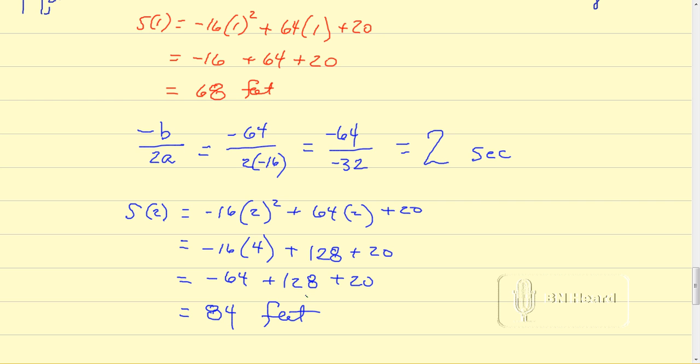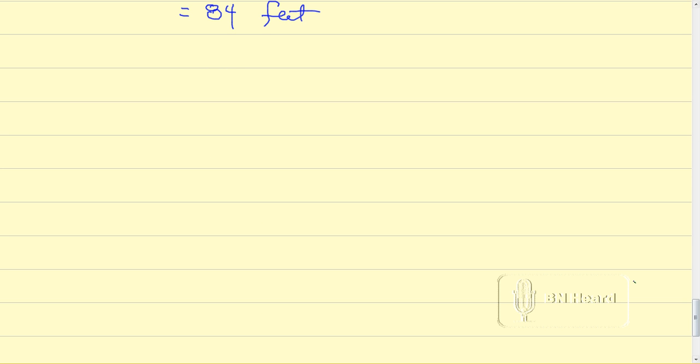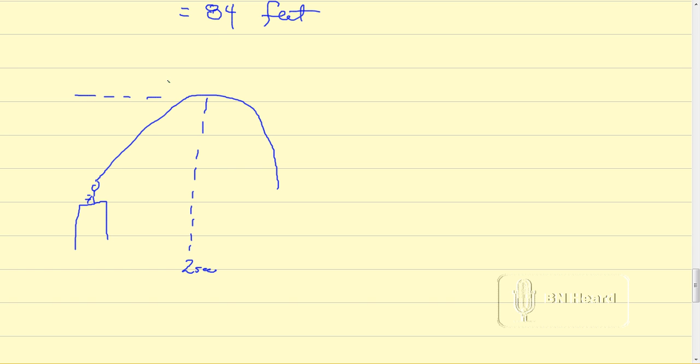Not too bad. And let's look at that. If you were to put this on a graph, here I am, and I'm throwing this ball up. It's really kind of straight up, but I'm drawing it this way so you can understand this a little bit more. It is a parabola. At the top, we have figured out that it reaches the top at 2 seconds, and over here it is at a height of 84 feet.